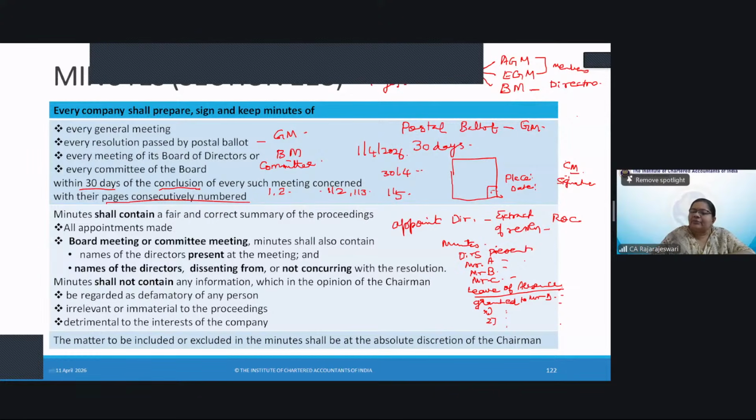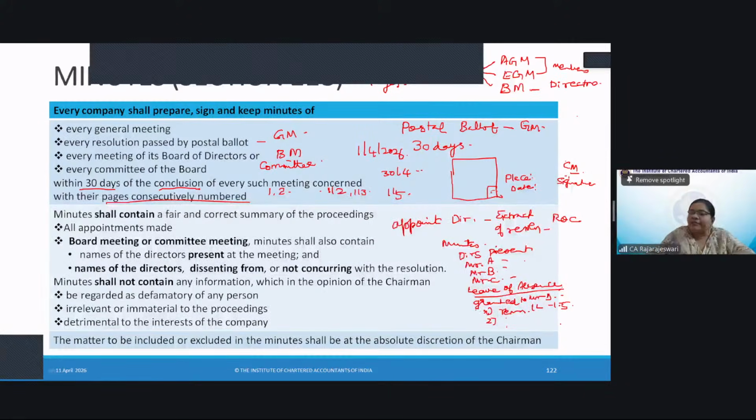Suppose I am a director, and my remuneration is going to be increased from, say, 1 lakh to 1.5 lakhs. Of course, it has to be finally approved by the general meeting of shareholders.